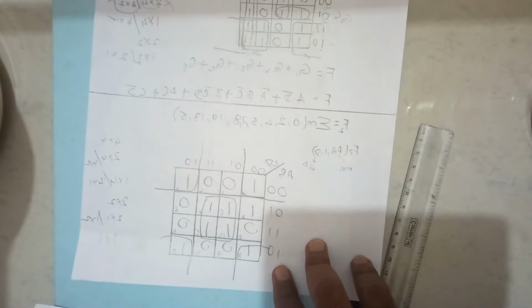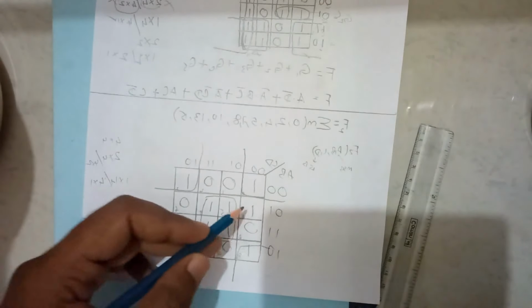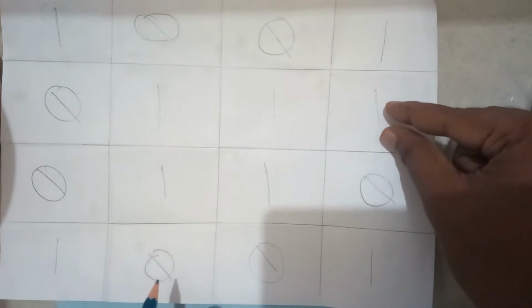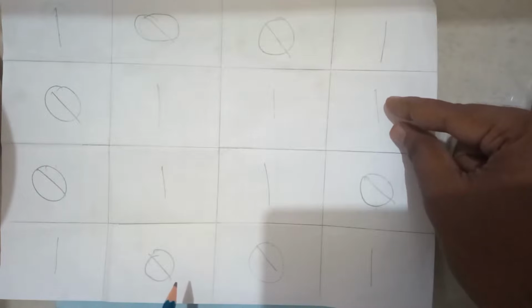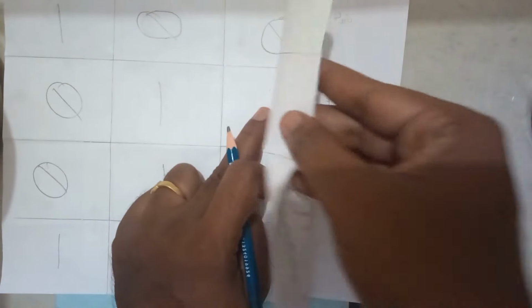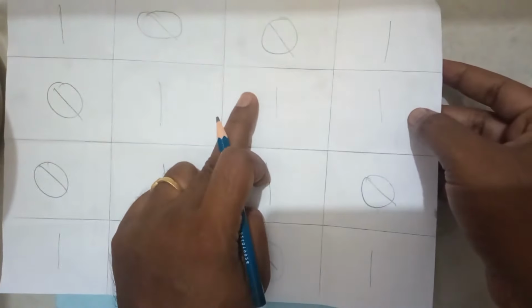Okay, like this we can group it up. Next, last, whether all the ones are grouped: no, one particular one is missing. So shall I keep it as a prime implicant without mingling with any other group, or can I try to group it with any other element if it is possible? I can group like this, which is already grouped, but no problem.